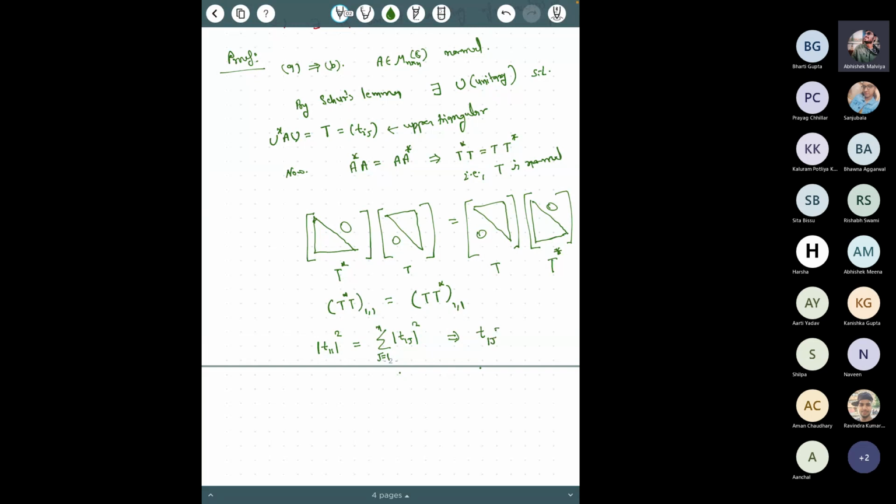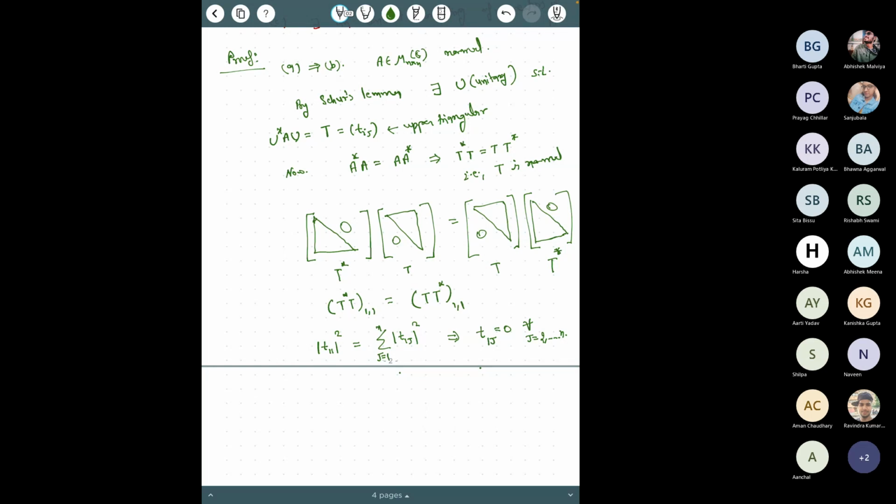So you can say that T1j is 0 for all j equal to 2 to n. Clearly in the first row of T, all the entries are 0 except the first. That we don't know, but the other entries are definitely 0 from here.